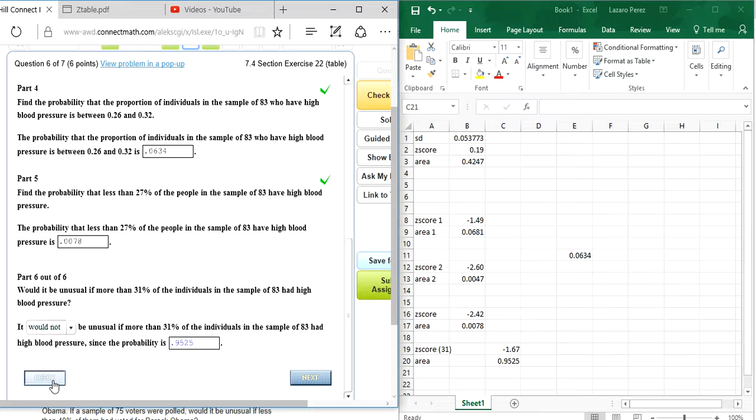And of course, this is extremely higher than 0.05.